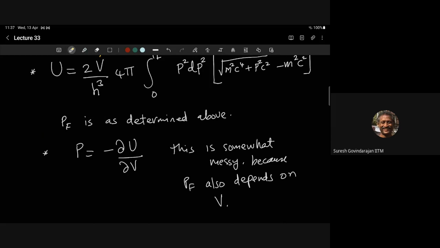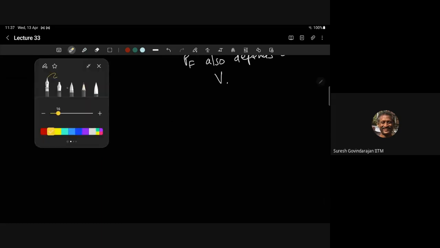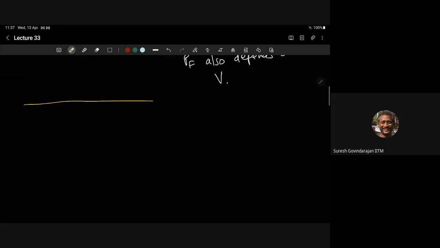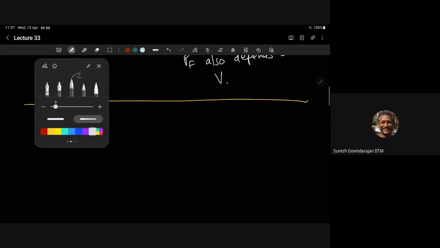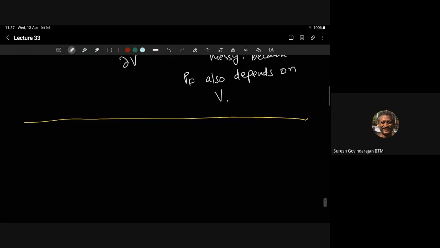So this is what we get, and now I will try to define some function. I'll write the formula for U and P in a moment. Here is an exercise, because I don't want to do this computation of taking derivatives.